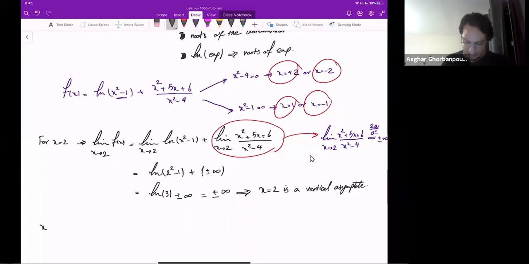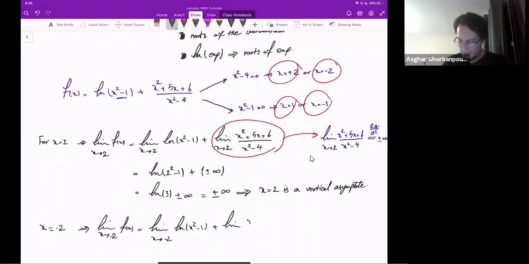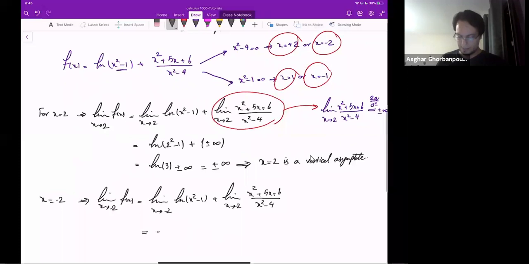How about x equal to negative 2? The limit as x goes to negative 2 of f of x is the limit of ln of x squared minus 1 plus the limit of x squared plus 5x plus 6 over x squared minus 4. The first part, as before, is ln of 3.